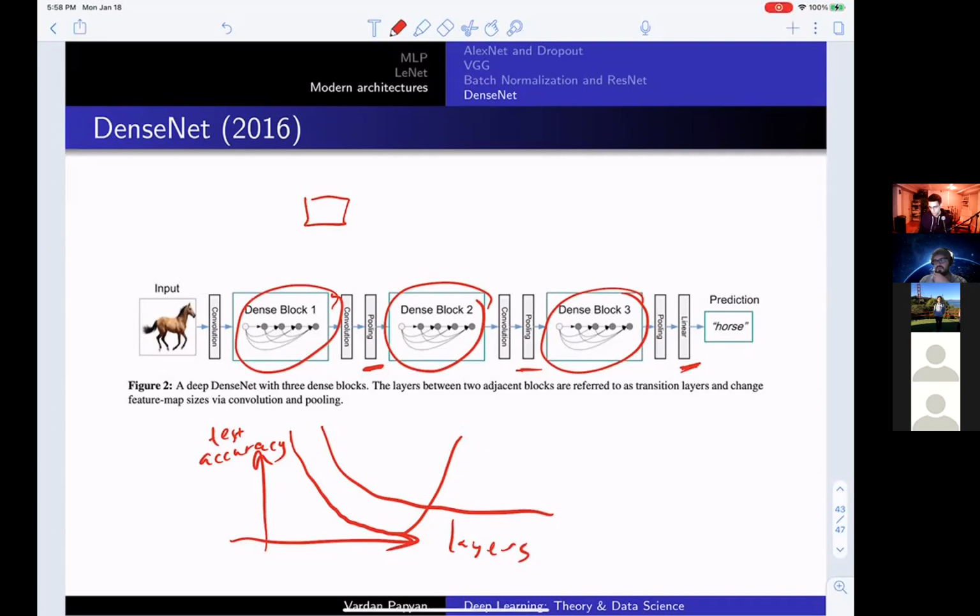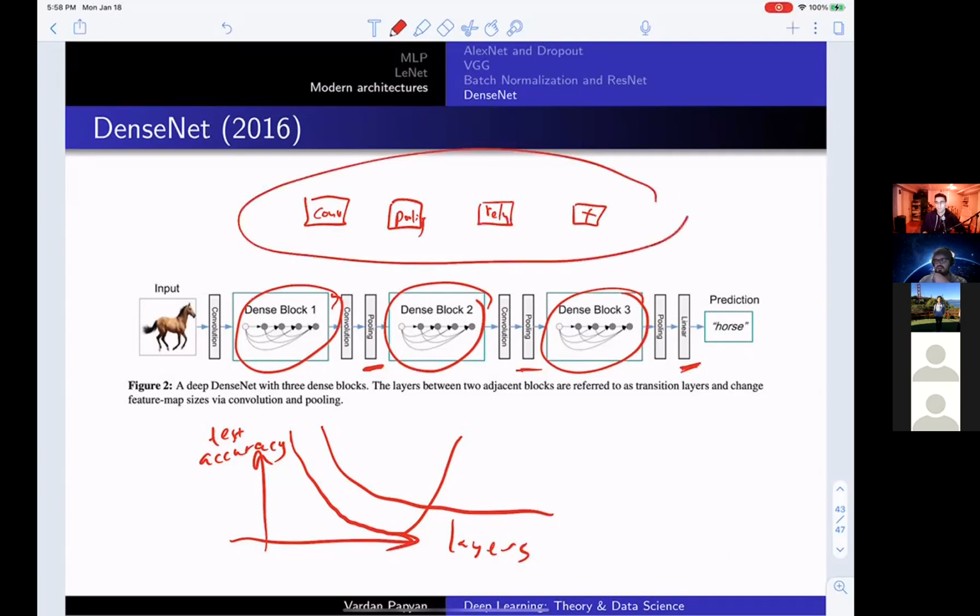So for example, if you have a convolutional layer, you need to implement the gradient of a convolutional layer. You need to implement the gradient of a pooling layer. You need to implement the gradient of a ReLU, of a plus sign, of all of that. And PyTorch does all of that for you.